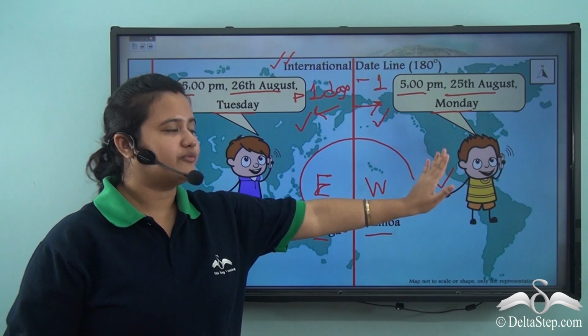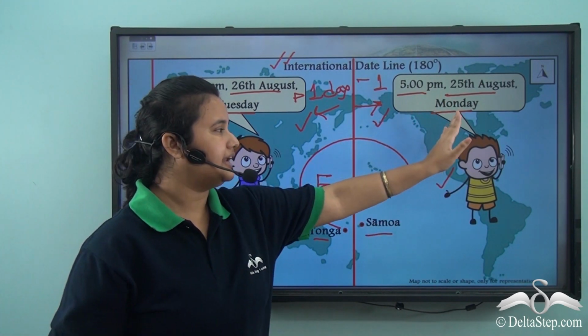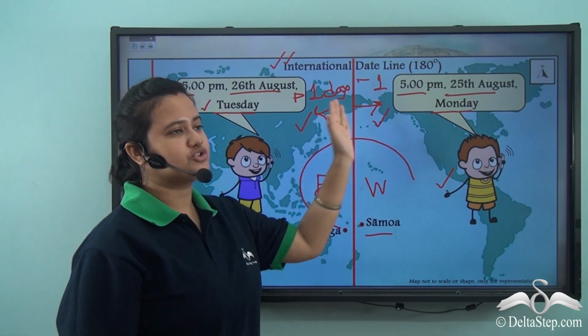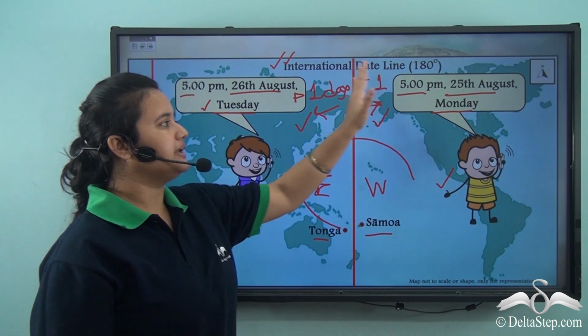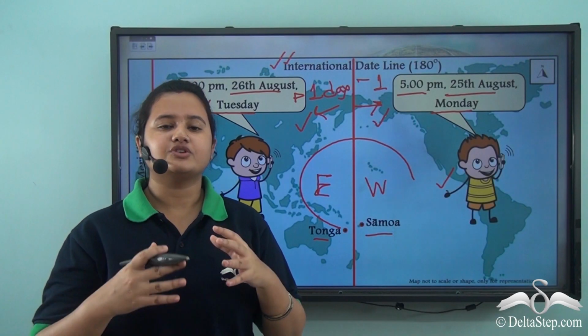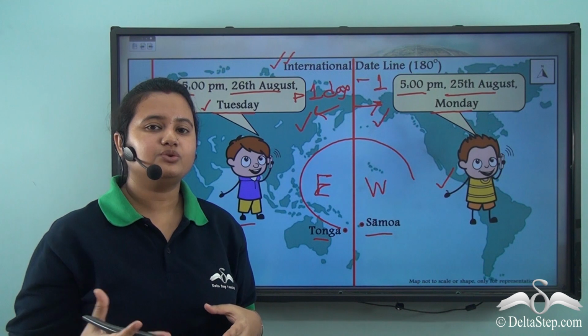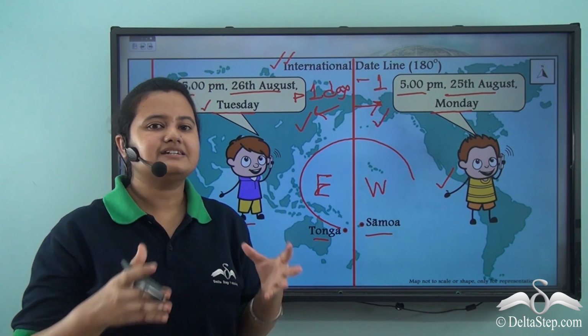So moving from west to east, our Monday becomes Tuesday, while moving from east to west, our Tuesday becomes Monday. So this is how the international date line denotes a change in calendar date.